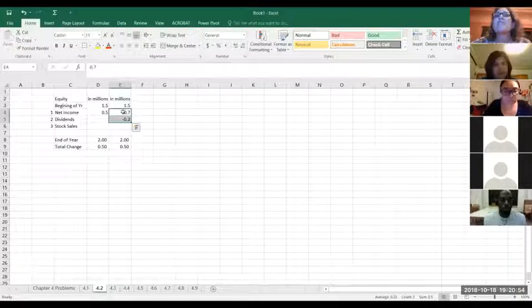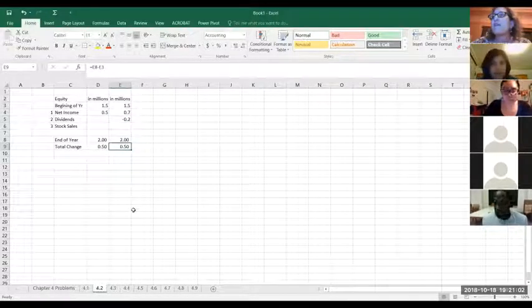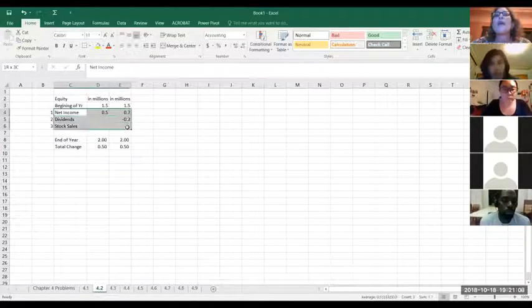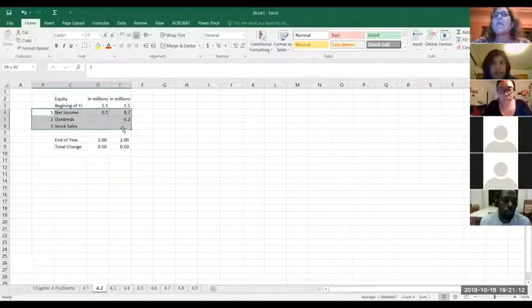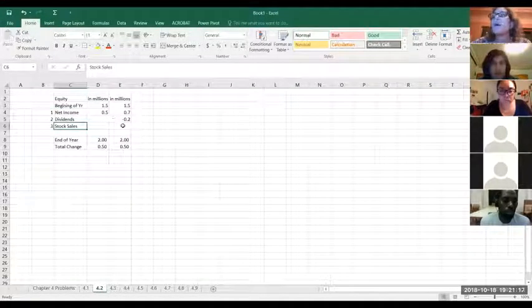So you would have had to generate 700,000 in net income and then pay out 200,000 to get to a total change of 500,000. It's pretty simple math, I think. You just have to be aware of what happens in your equity section, and these are pretty much the three things that can happen. Dividends are always going to be negative. Stock sales are always going to be positive.